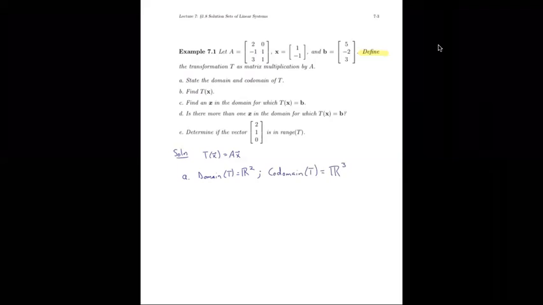If you're not sure, try to take this matrix and multiply it by a vector of length 2 or 3 and see which one works, and which one gives you an output. But you can remember that A is a 3 by 2 matrix here. So it has to act on a 2 by 1 vector. And the result is going to be a 3 by 1. Just to keep that simple. So this one gives us the domain, and this one gives us the codomain, R2 and R3 respectively.